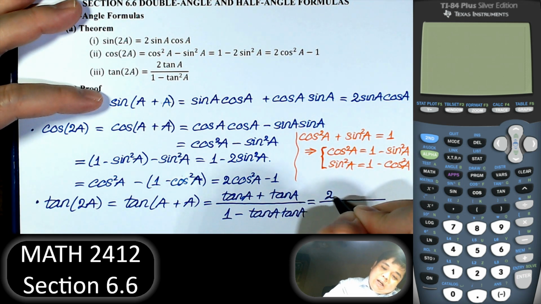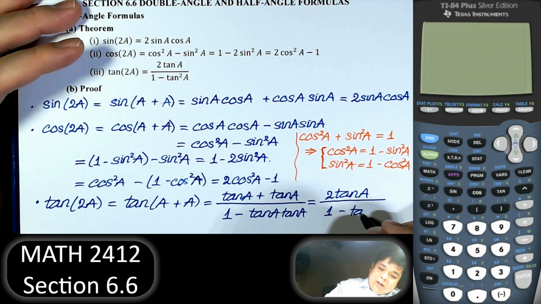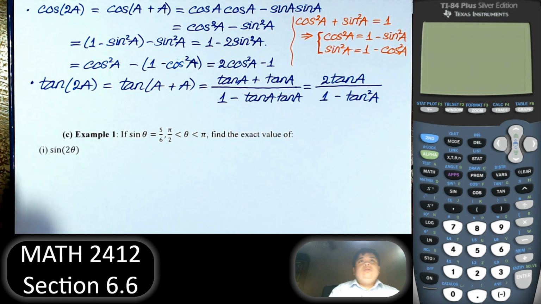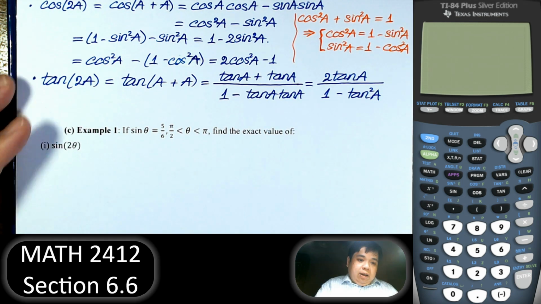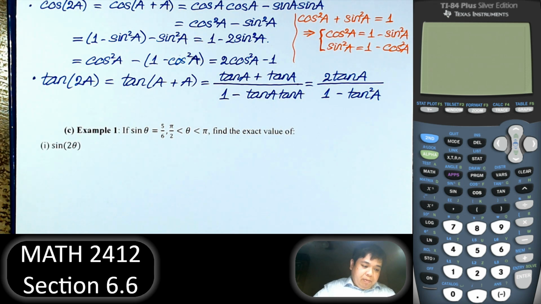That gives us 2 tangent a over 1 minus tangent square. So that's what we have. Right. Now we just apply those formulas.